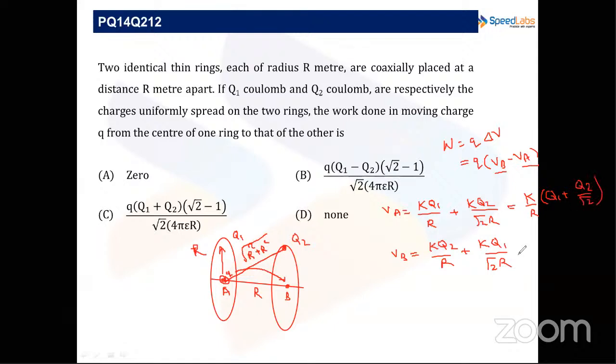Here also take k by r common, and in the bracket it is q2 plus q1 by root 2, my bad. Take their difference and then just multiply with q.